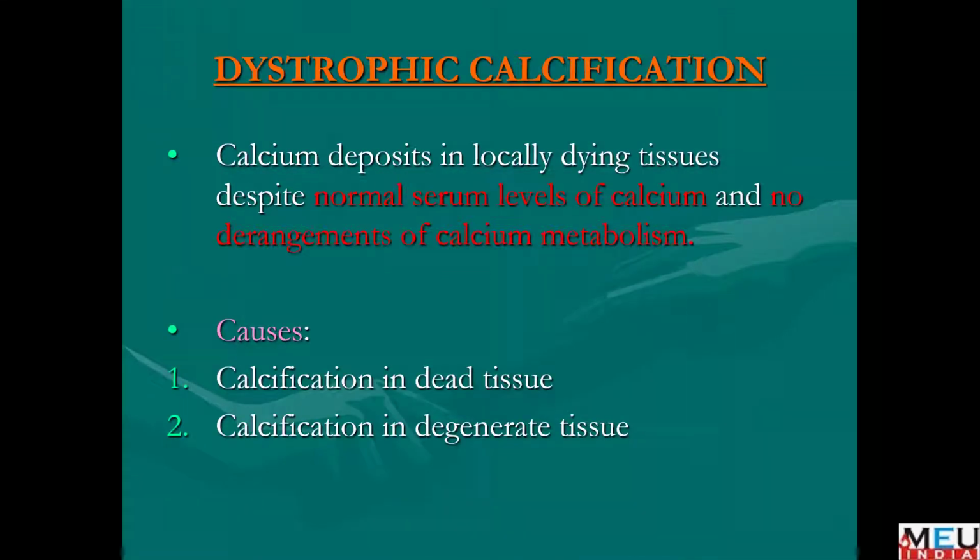So, the first type of calcification, that is dystrophic calcification, is the deposition of calcium in locally dying tissues where the normal serum levels of calcium are there, and there is no derangement in calcium metabolism. The causes of this are calcification in dead tissue or calcification in degenerate tissue.